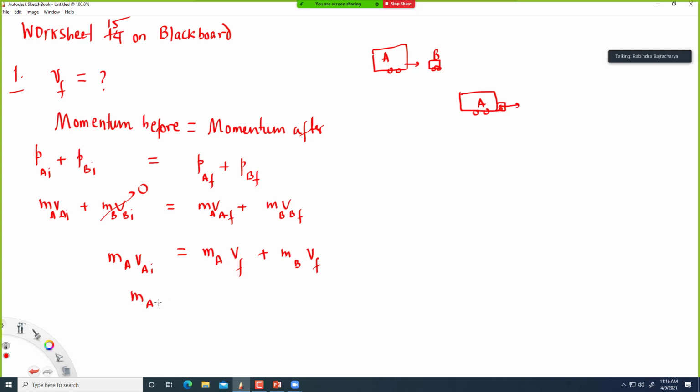You can plug in the numbers here, but if you want to simplify, you can. Take the common term Vf outside the parentheses, and to write this in terms of Vf, divide both sides by Ma plus Mb.